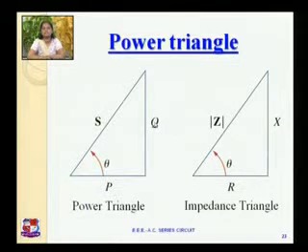inductive elements. And this is the impedance triangle. If you refer to these two, then both are the same. This is P, means the real power due to resistive element. So in impedance triangle, here it is resistance, always on the reference axis. So this is our R. This Q is due to inductive and capacitive element.